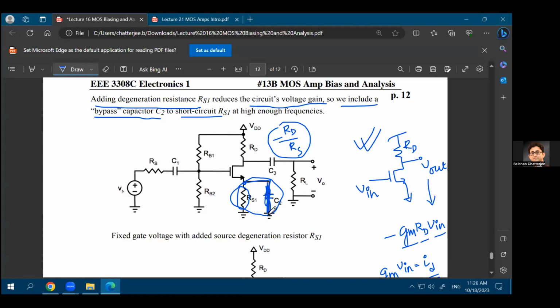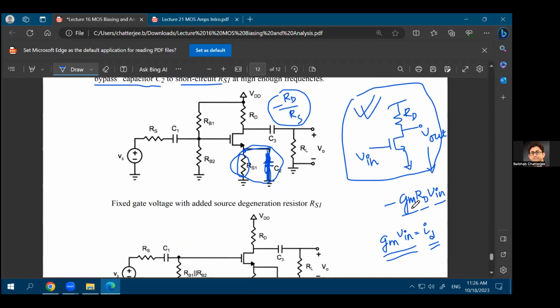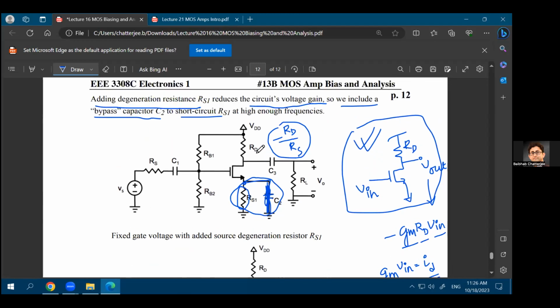Let's just talk about infinite frequency for now. So at infinite frequency, you see this circuit instead of what is drawn on the left. So at high enough frequencies, the gain of the circuit becomes minus gm times RD. That is one way to get the gain back at high enough frequencies.